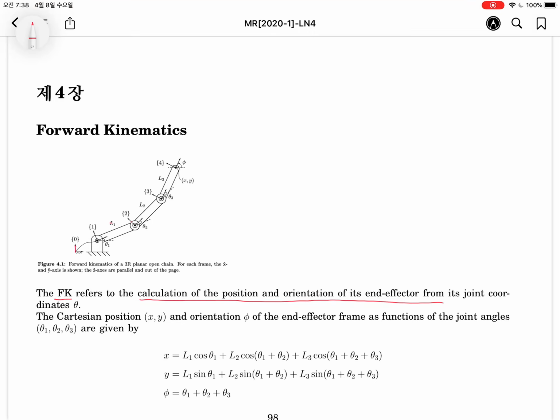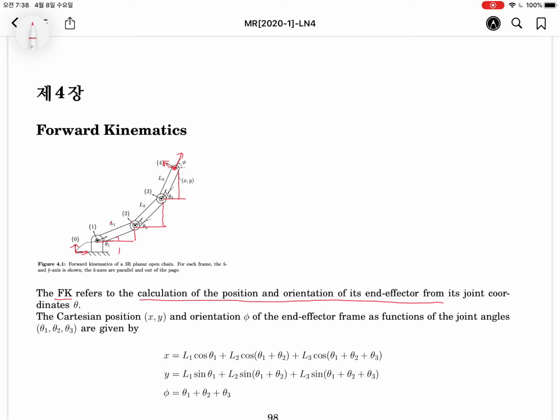Okay, so this is the fixed coordinate frame. This is the end-effector frame here. The target is to calculate this position and orientation. By using trigonometry, we can write down the x directional component and the y directional component.